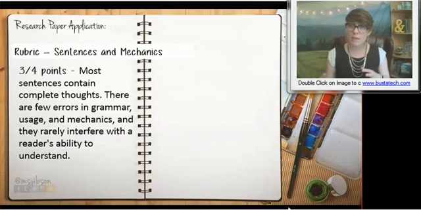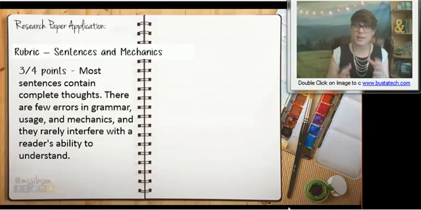If you get 3 out of 4 points on this, this is a pretty good place to be. I realize it doesn't sound very good to be like 3 out of 4, that's like 75%. No, 3 out of 4, good job. You're an emerging writer, you don't need to be perfect yet, but this is right about where I expect most of you to be. It says most sentences contain complete thoughts.